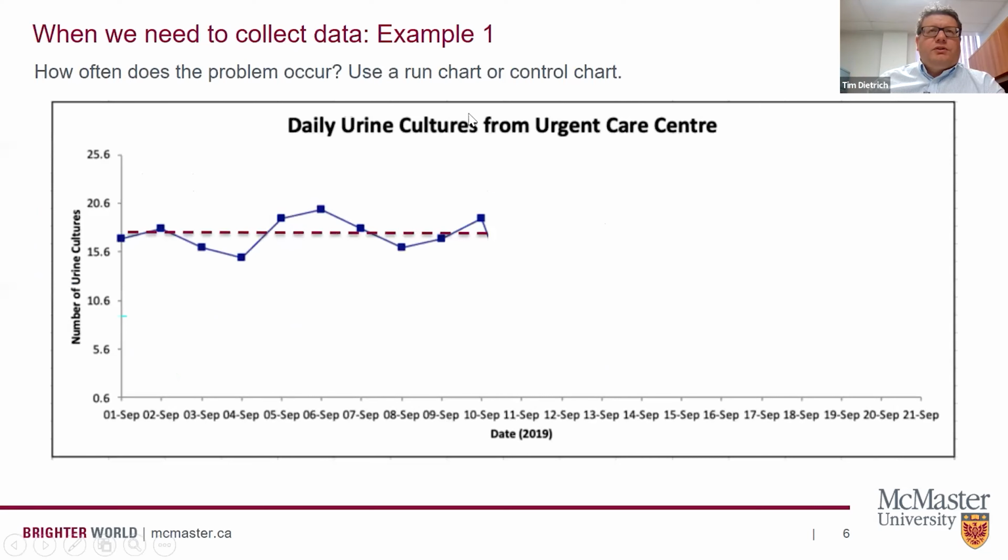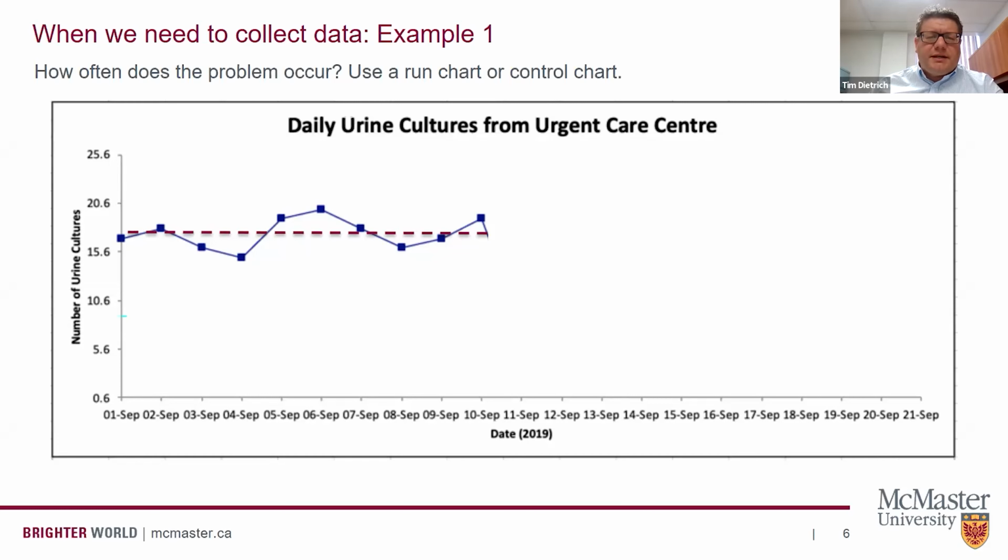And so, using those three different categories, the first one really around how often does a problem occur, in our quality improvement toolkit, the run chart is most helpful here. It helps us to look at our baseline performance and understand what the historical variation is in our particular outcome measure. For example, here's daily urine cultures from an urgent care center.